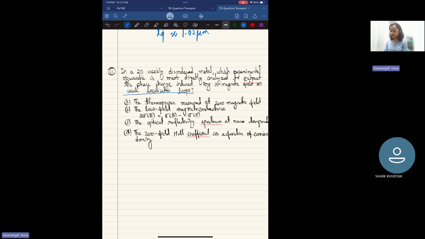Option B, the low field magnetoresistance delta sigma(B) minus delta sigma(0). Option C, the optical reflectivity spectrum at room temperature. Option D, the zero field Hall coefficient as a function of carrier density. So for a weakly disordered metal, the experimental observable which is directly analyzed is option B. This is already given in the lecture, so you can calculate delta sigma(B).